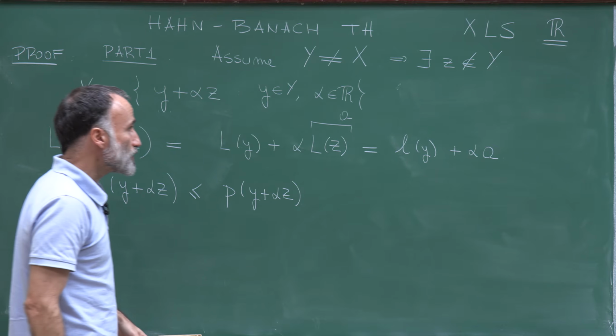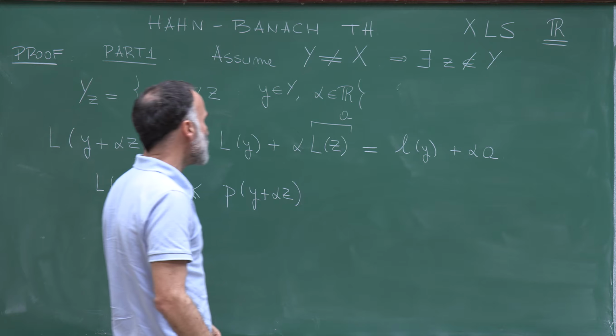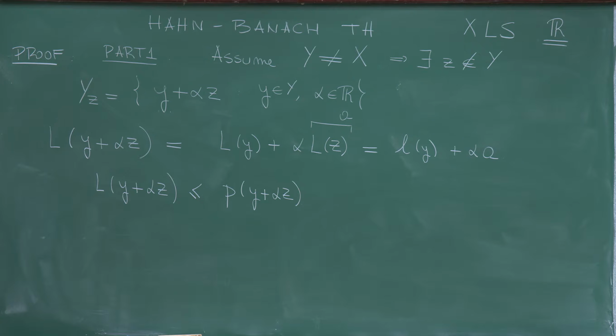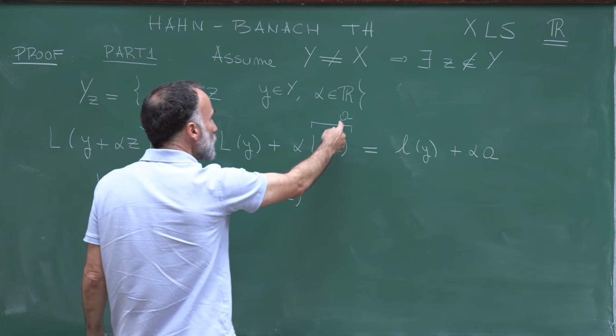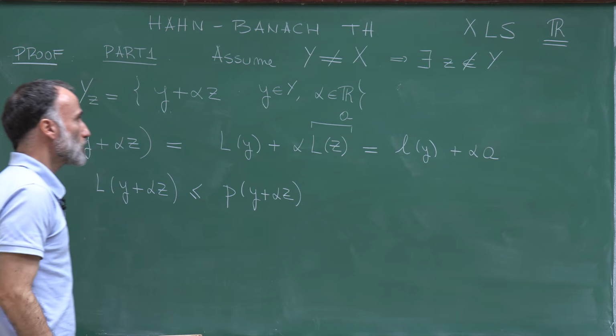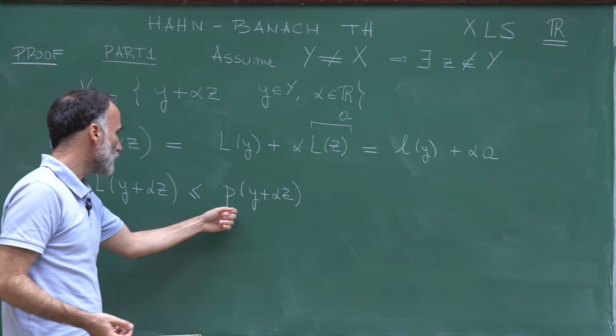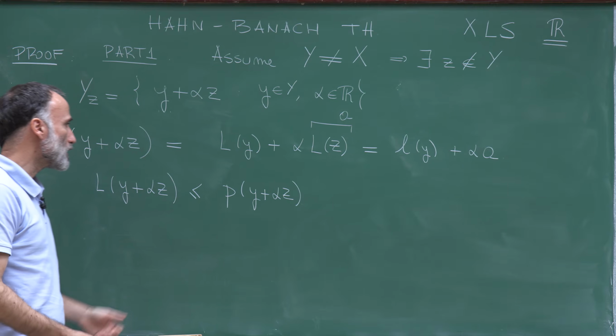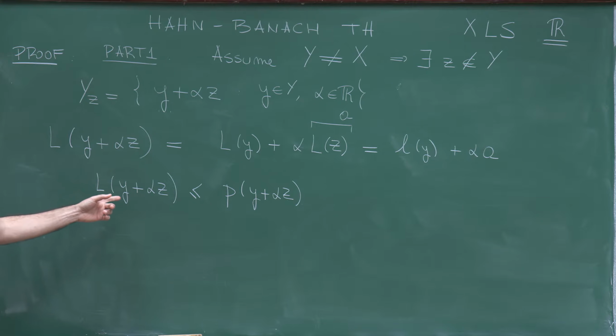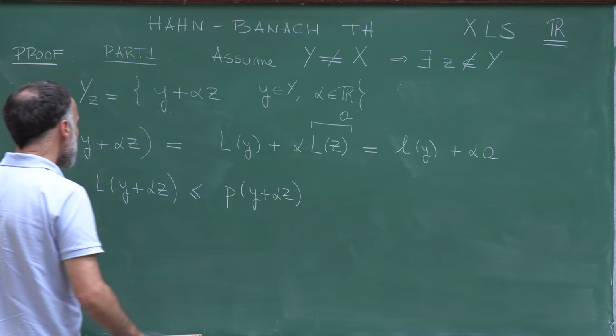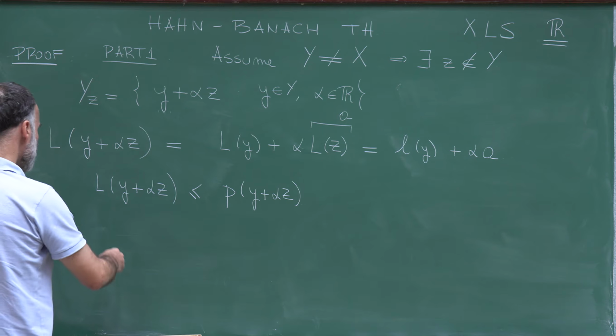Well, so this will give me the restrictions on the value of a. I have to check whether it's possible to set a value for a in such a way that this inequality is satisfied. But what is this inequality telling me?